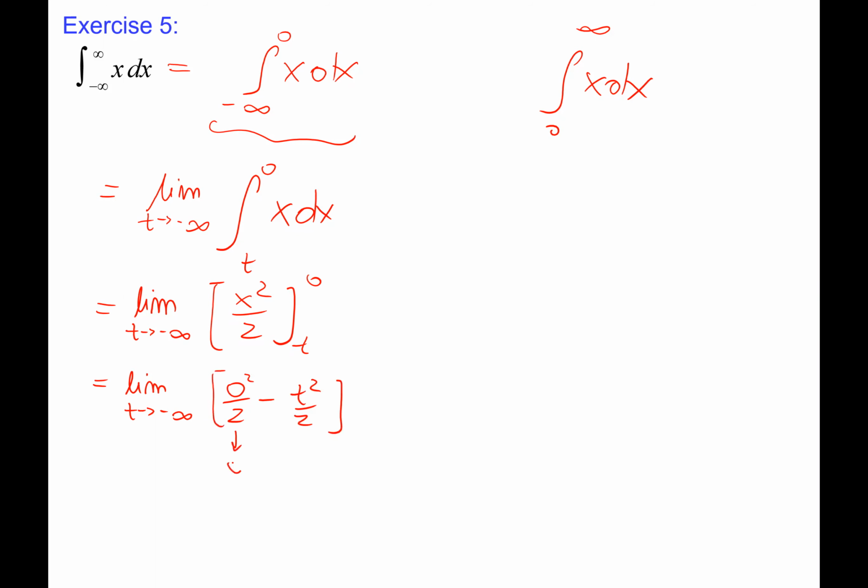The first part is, of course, 0. And when I square negative big numbers, I have positive, but with the negative sign in front, that means this is actually negative infinity, because I will have huge numbers squared. The final answer is negative infinity, and this is telling me that this integral is divergent.